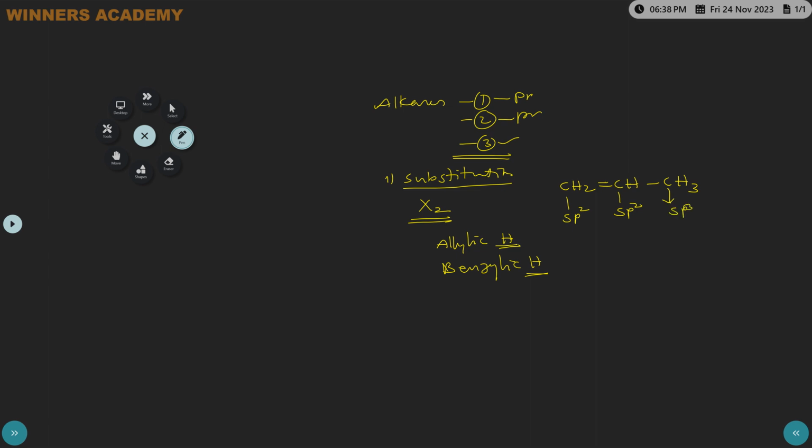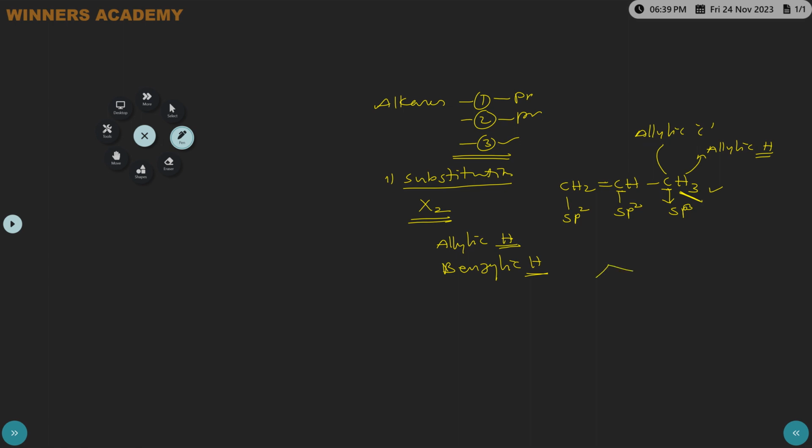An sp3 hybridized carbon next to an sp2 carbon is called allylic carbon. The hydrogen atoms attached to allylic carbon are called allylic hydrogens. Replacement of such hydrogen atoms is today's point.